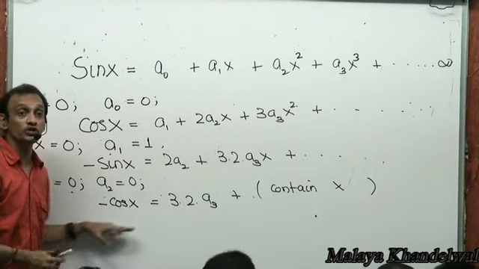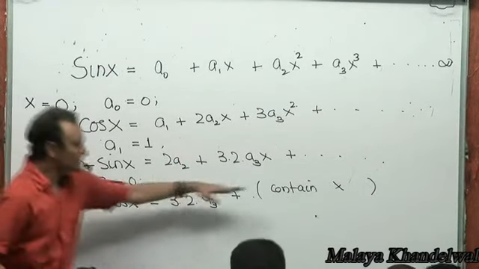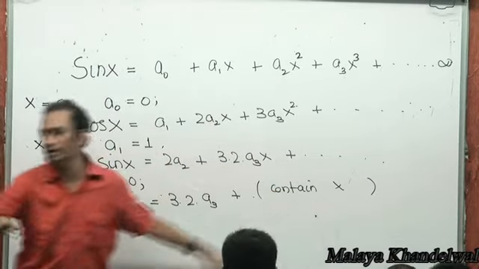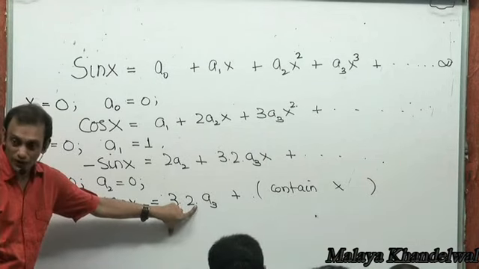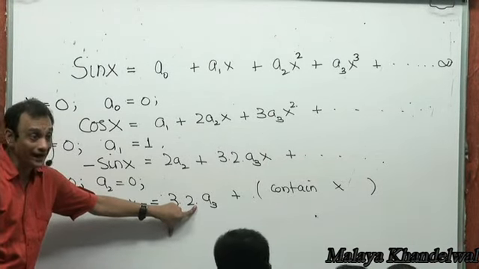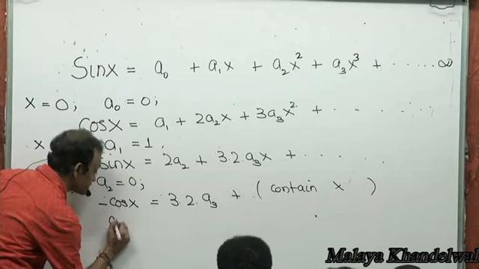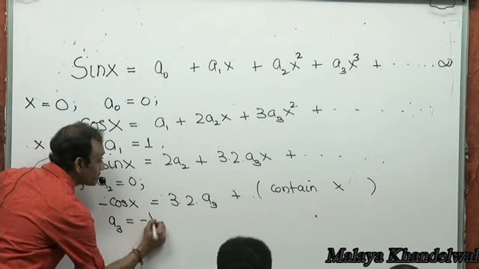And plug in x equal to 0 again. These terms containing x will vanish, leaving you with a3. This is 3 factorial. 3 into 2 into 1 is 3 factorial. a3 turns out to be minus 1 by 3 factorial.